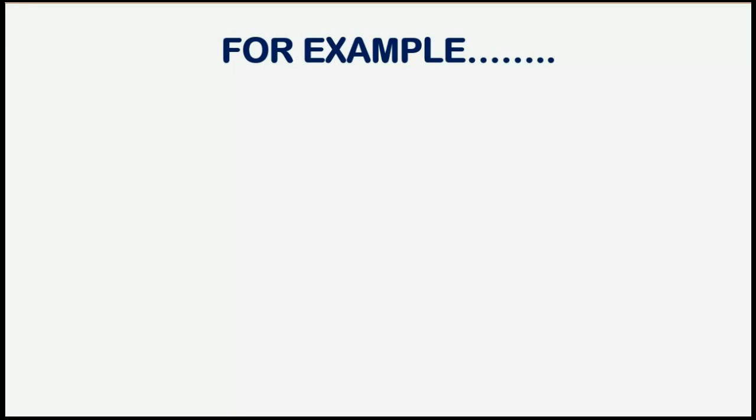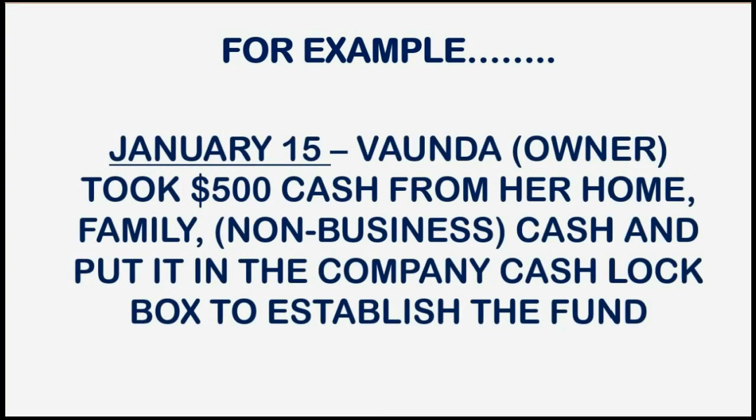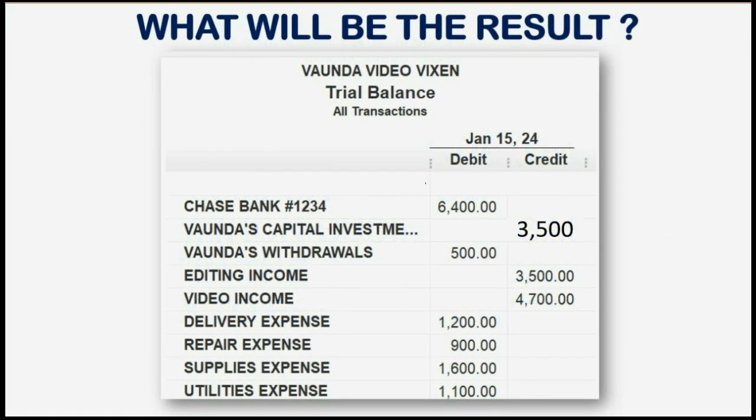For example, let's imagine on January 15th, Vonda, the owner, took $500 cash from her home, family, non-business cash and put it into the company cash lockbox to establish the fund. Well, what will be the result in the trial balance after this transaction?